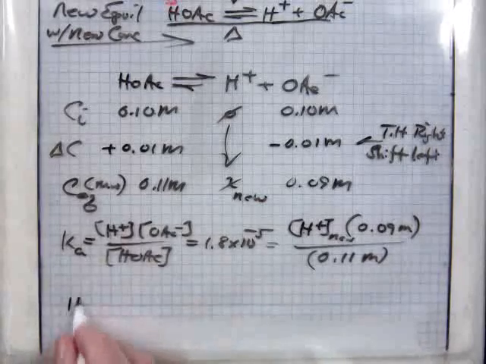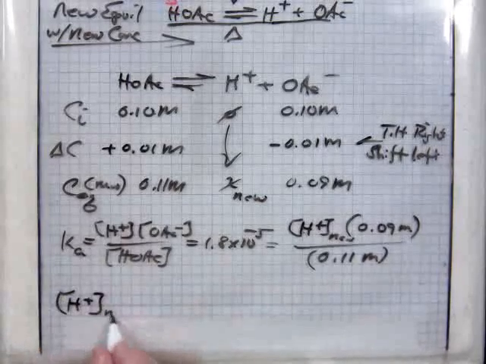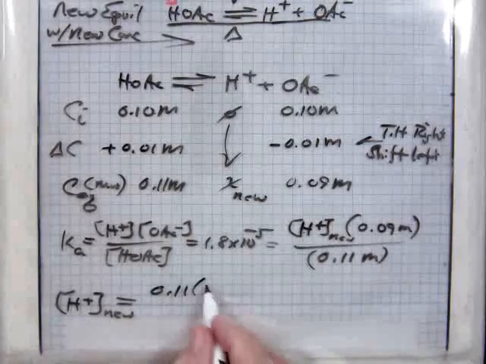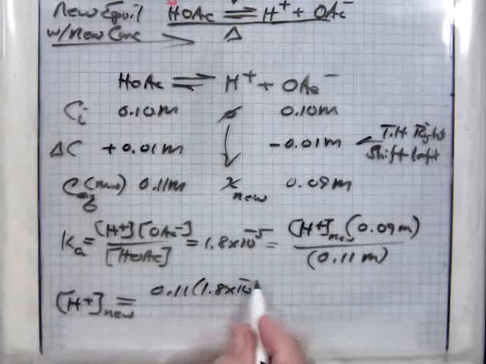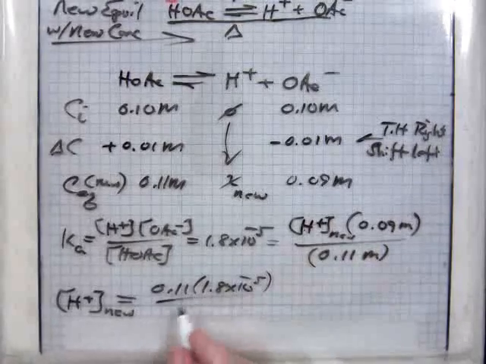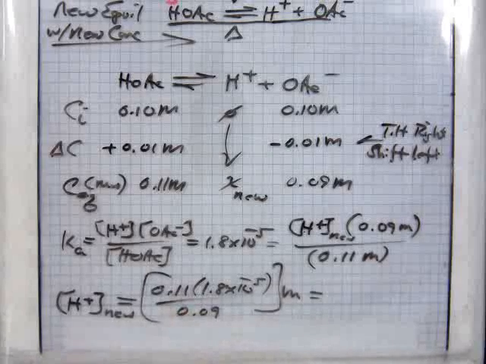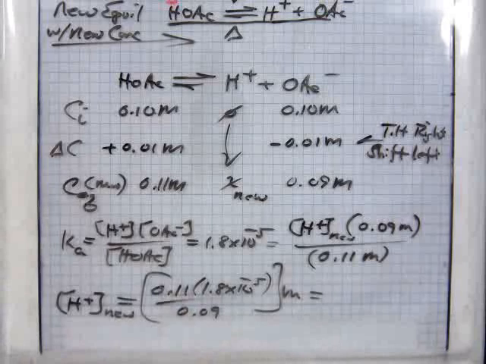So when we solve for the new hydronium ion, it would be 0.11 times 1.8 times 10 to the minus 5 over the 0.09. All that's in moles per liter. And once you get to the hydrogen, you go to minus log and you got it. Got the pH there.